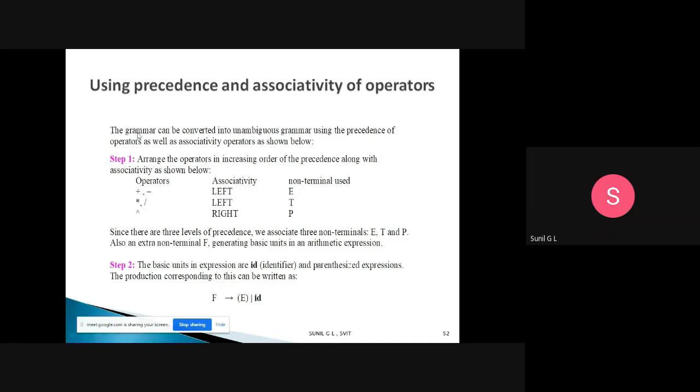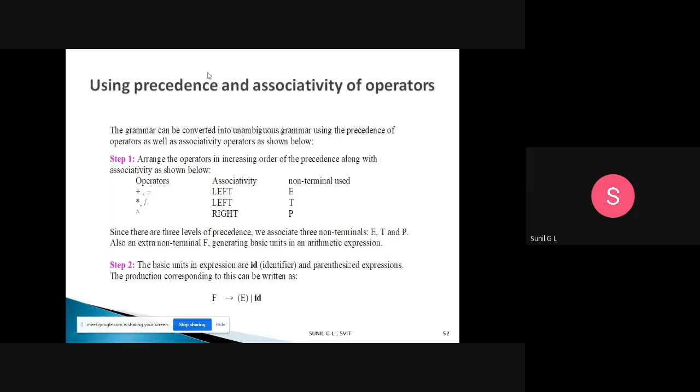Okay, so what are the different steps to convert an ambiguous grammar to an unambiguous grammar? The grammar can be converted into an unambiguous grammar using the precedence and associativity of operators as shown below. First we need to check the operators' associativity and precedence.